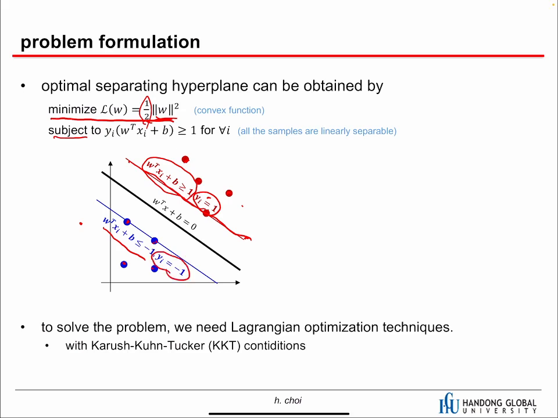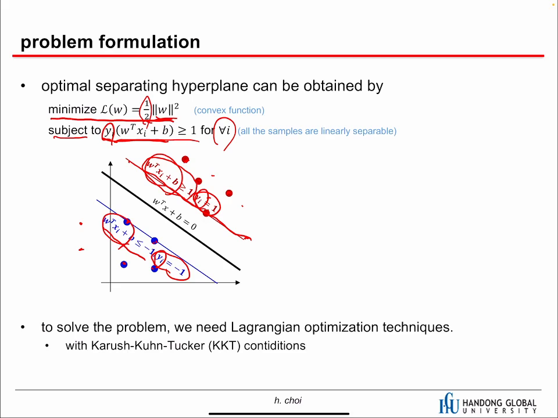So if we multiply this one and the yi, it should be greater than or equal to 1 for all i. Okay, so no matter what kind of point, from this class or from this class, it doesn't matter, since we have class information here. So if we multiply this label and this equation, it should be greater than or equal to 1.